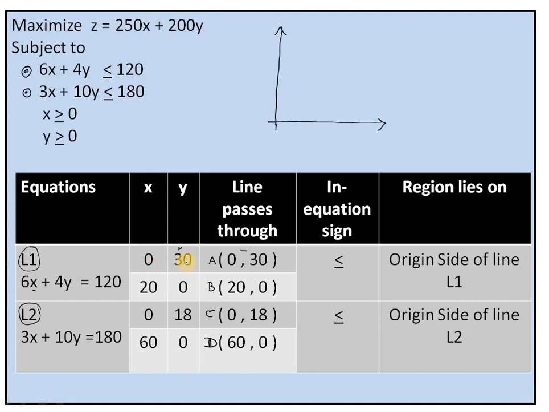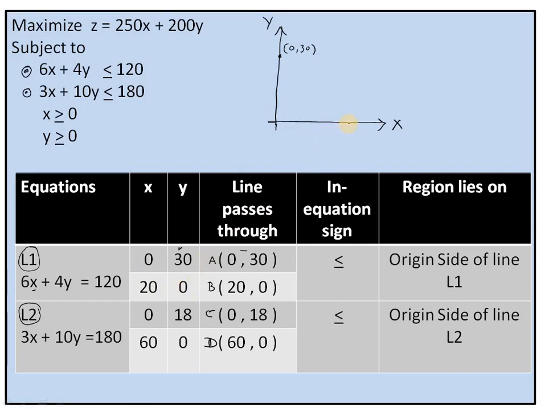Now let us say line L1. Which point is it? (0, 30). So this is my x axis. This is my y axis. Let us say the first point (0, 30). x is 0, y is 30. So this is the point (0, 30). And what is the other point? x is 20, y is 0.